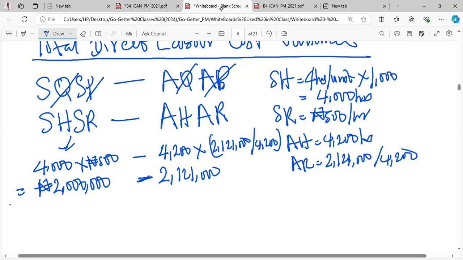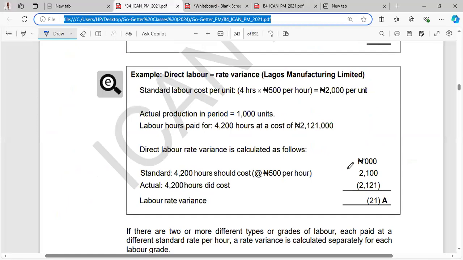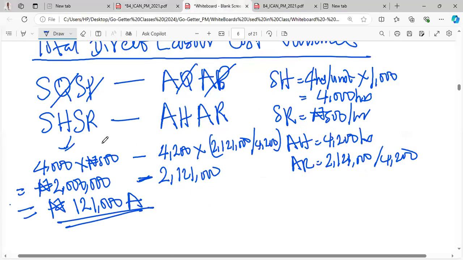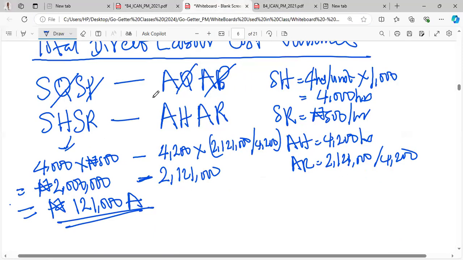So it then means that your total variance is going to give me 121,000 adverse. Okay, sorry, 21,000. What did we do? I wrote 4,000, but it is 4,200.